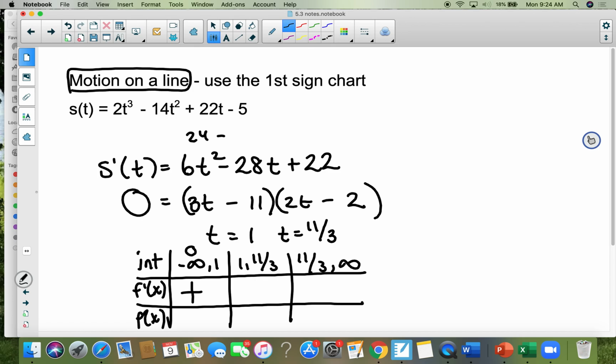28 times 2 is 56. So 24 minus 56 plus 22 ends up being negative.